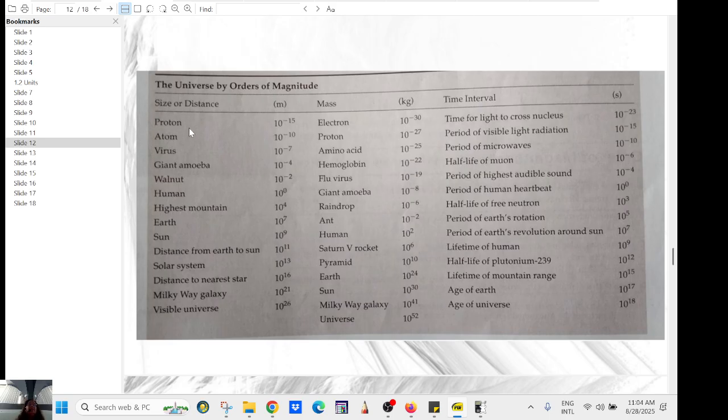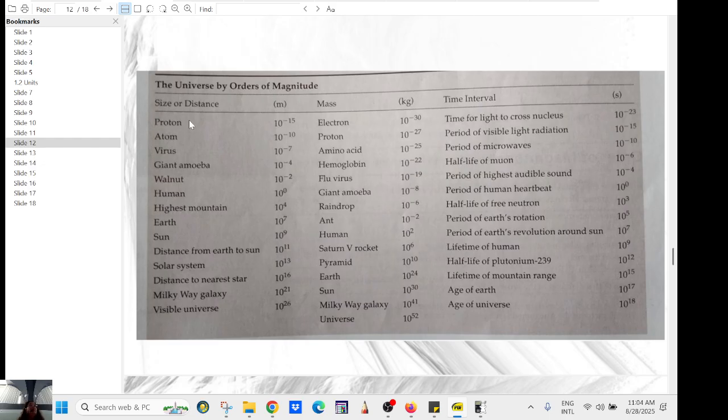So let's say if you take a hydrogen atom, a hydrogen atom has just one proton. Do you agree? Okay. So that will be the size of the atom, 10 to the negative 10. So that will be the atom.